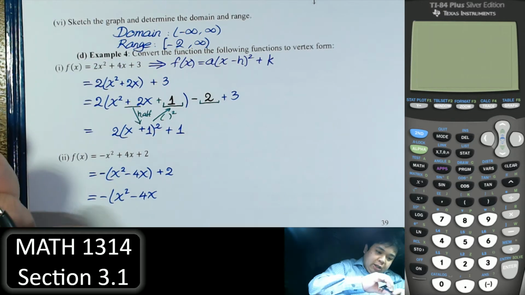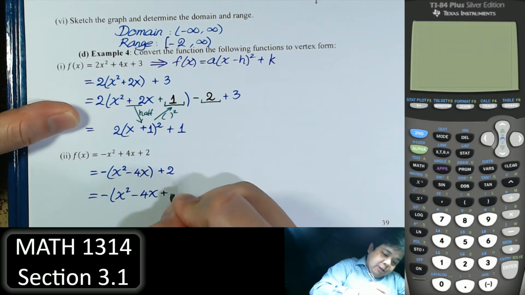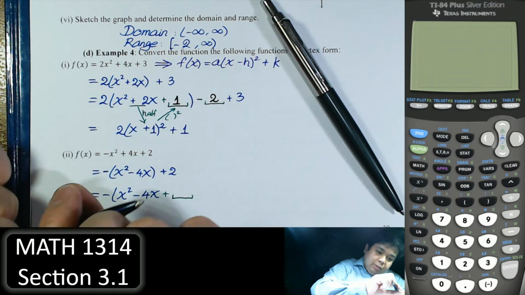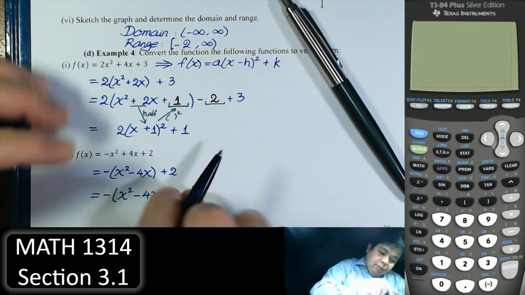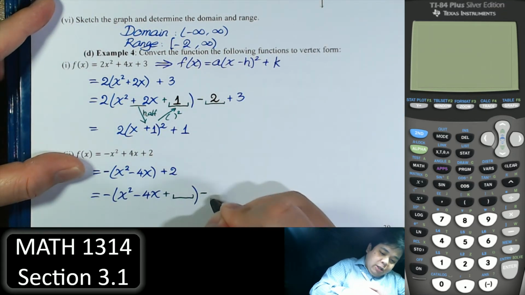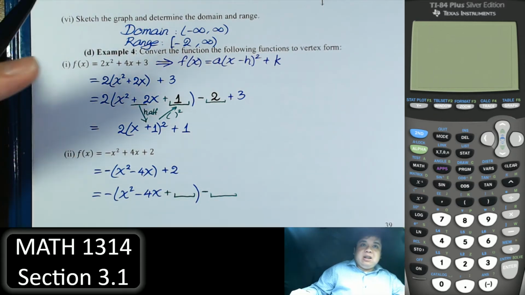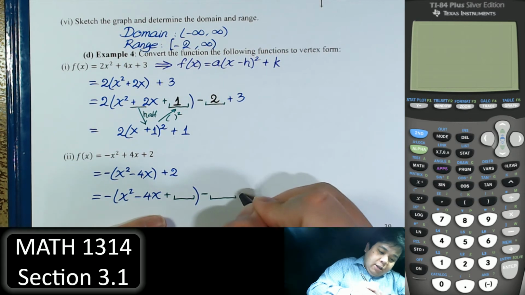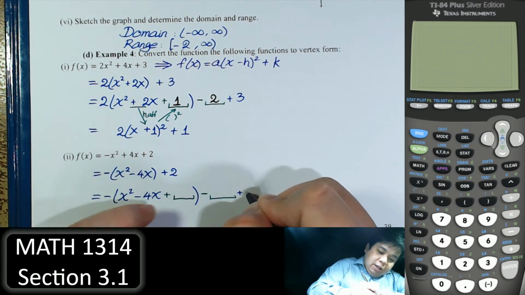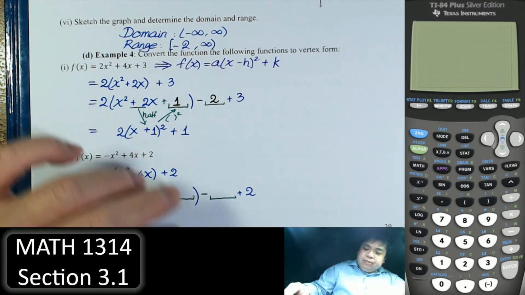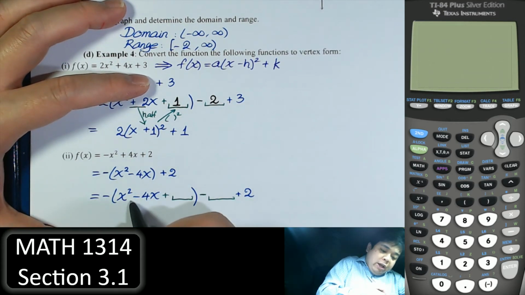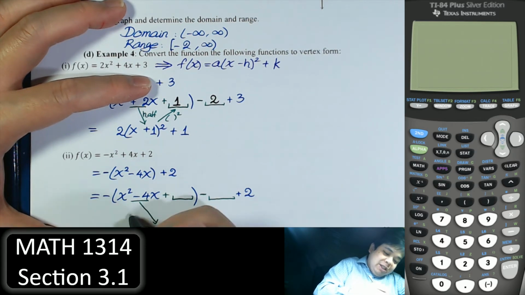We'll add something, and subtract something to keep things balanced, and then plus the last number. So completing the square: half of the middle term, and then square.